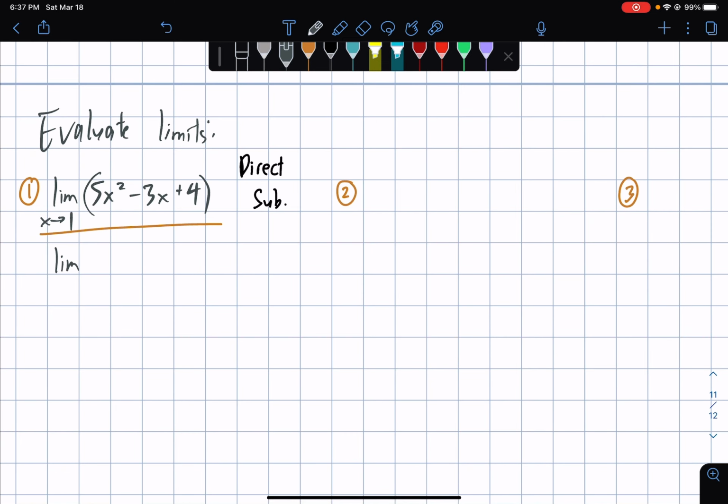So what we do is 5 times 1 raised to 2 minus 3 times 1 plus 4. Okay, 5 times 1 minus 3 plus 4. Okay, 5 plus 1 is 6, I guess.